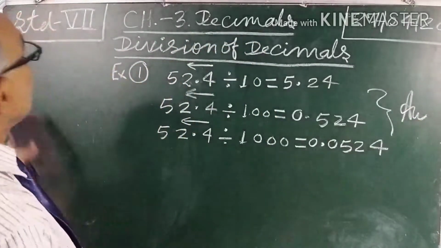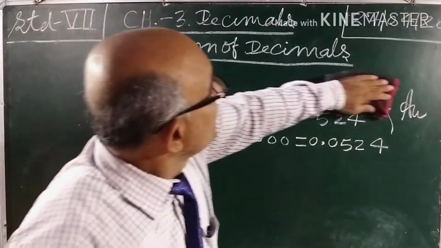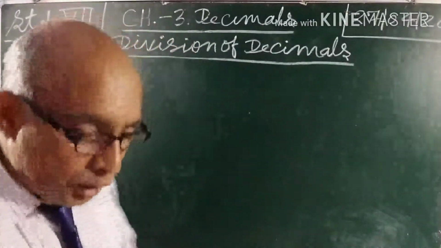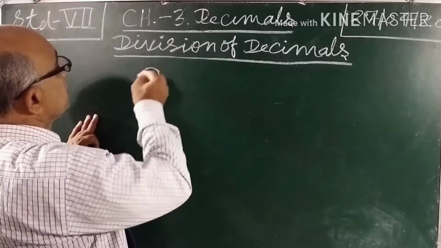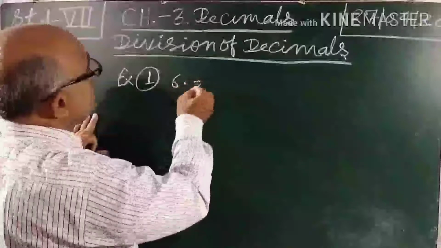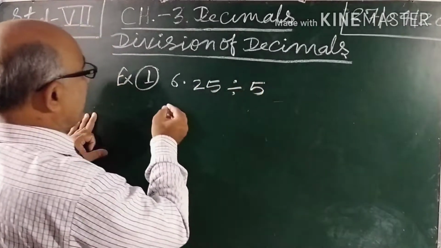Write it. Now division of a decimal number by a whole number. For example, 6.25 divided by 5.